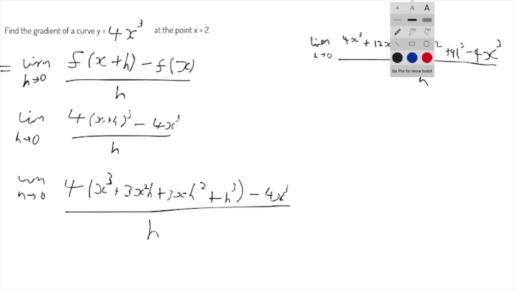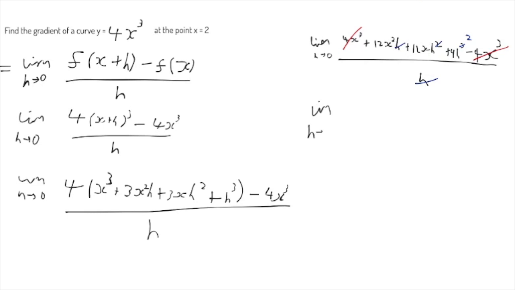We could simplify things a little bit here. 4x cubed minus 4x cubed cancel, and we can take an h away from each of these individual bits. So that disappears, the 2 disappears, and the 3 here becomes a 2. So now we're left with the limit as h goes to 0 of 12x squared plus 12x h plus 4h squared.